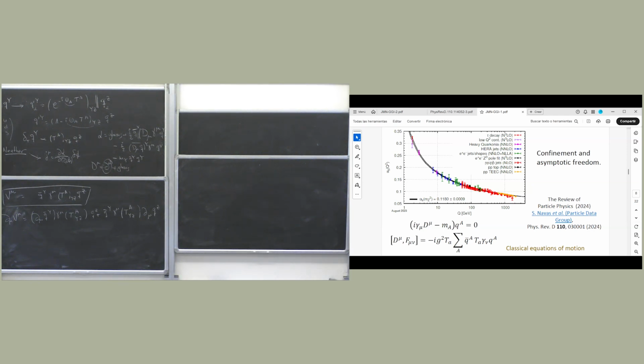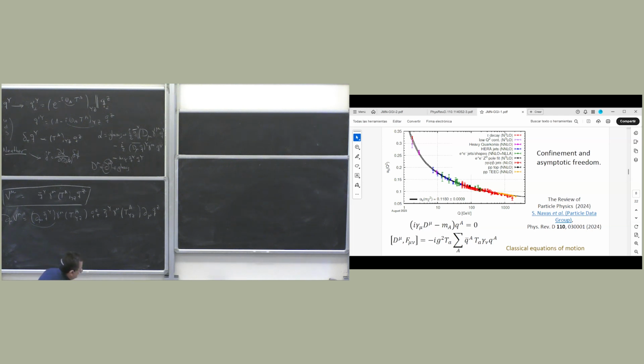So it's not true that i gamma mu d mu acting on q is just the mass times the field, because in the covariant derivative you have gluons. So then this thing is going to involve the mass plus gluons. But you see that the mass has already appeared.